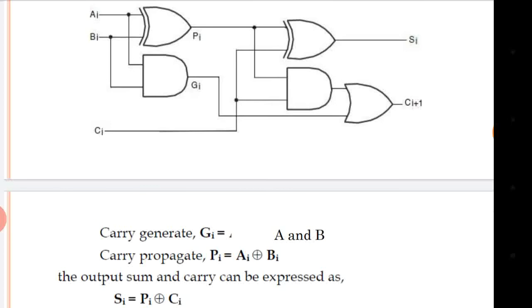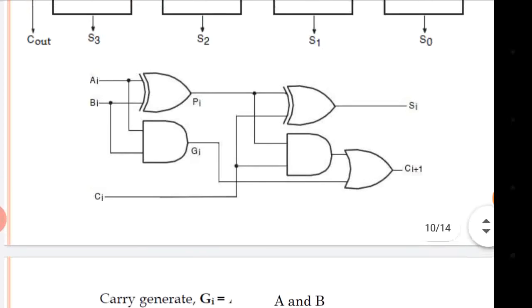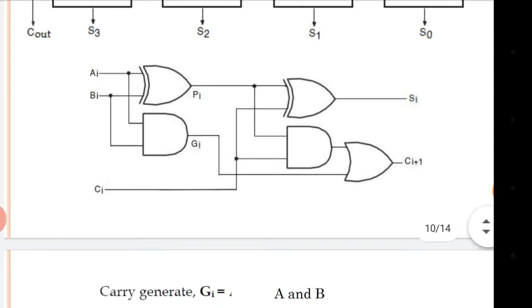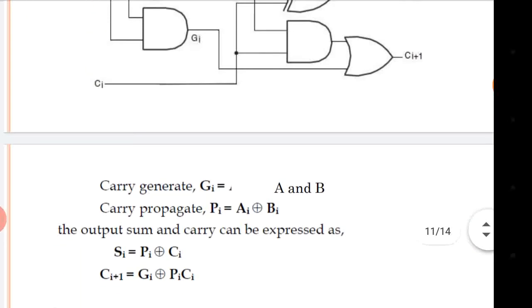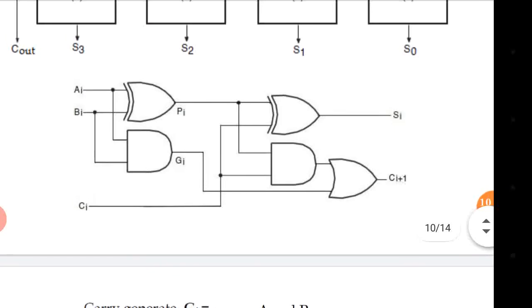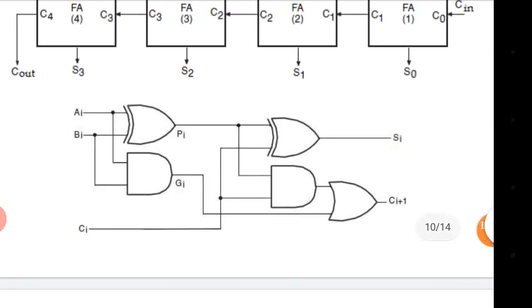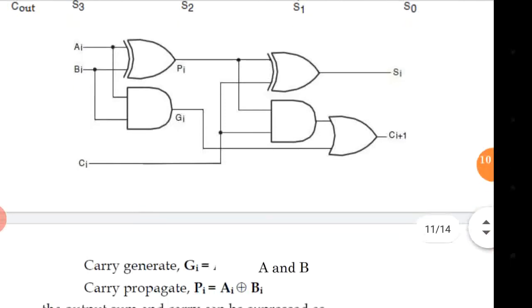Now observe Si, that is sum, equals Pi XOR Ci, right, and Ci plus 1, that is the final carry, equals Gi plus Pi dot Ci.